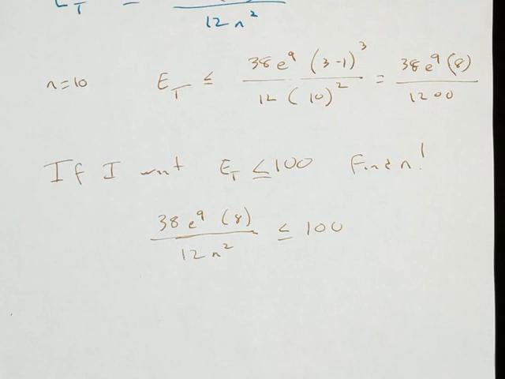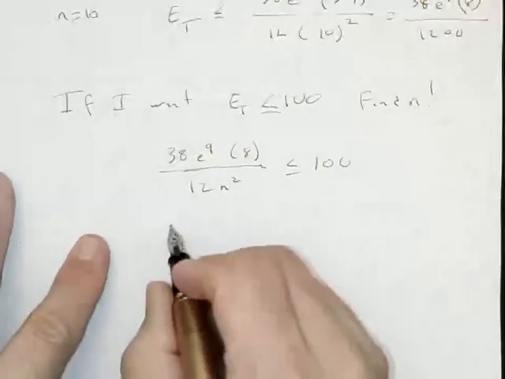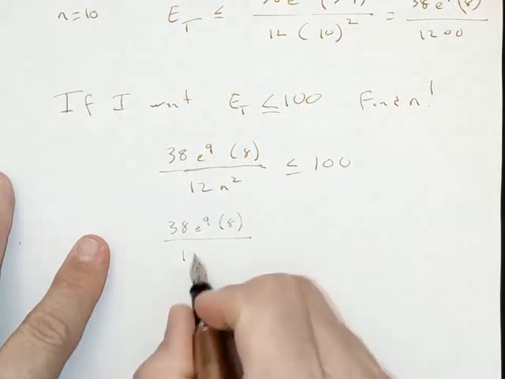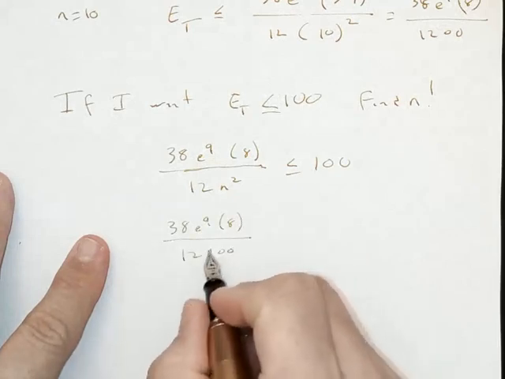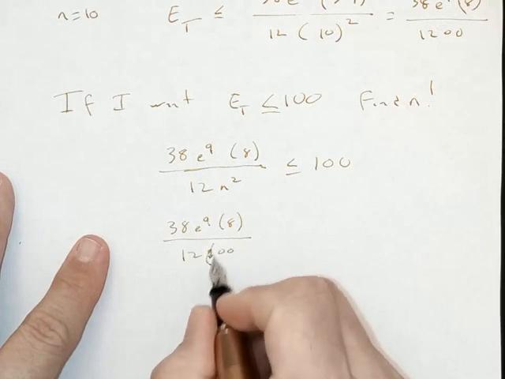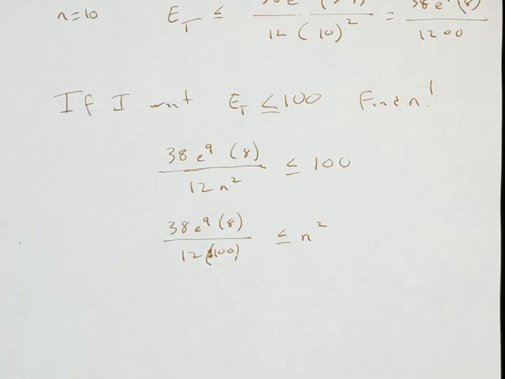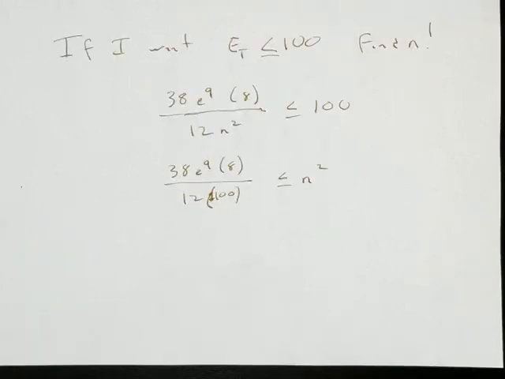Well, if I move the n to the right side and divide by 100, I get 38 e to the 9th times 8 over 1200 less than or equal to n squared. Calculate this number on the left. Isn't that the number we just found, 2,000 and change, right?